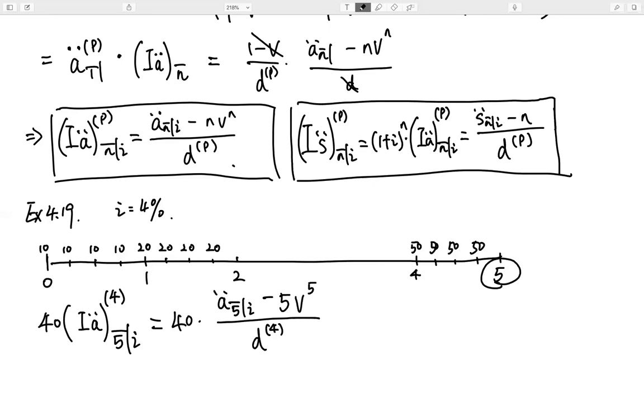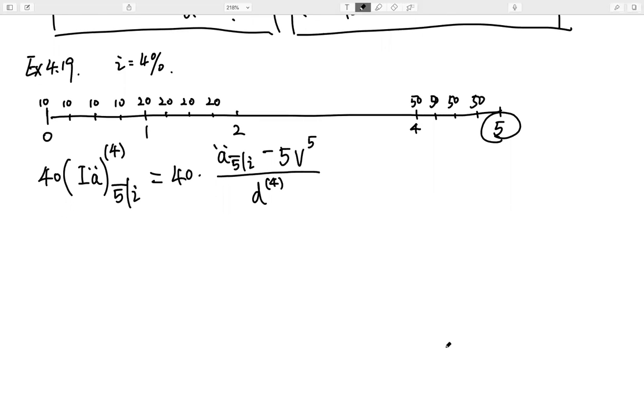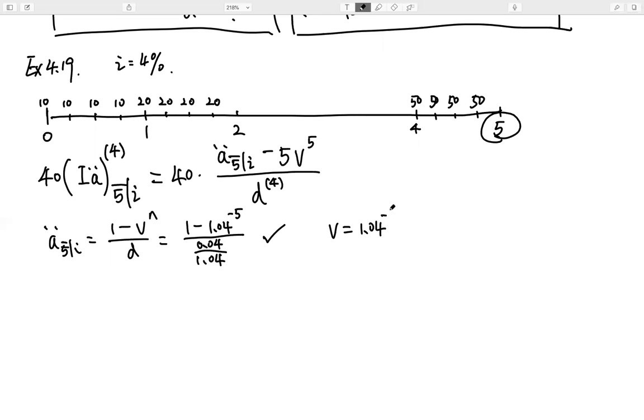Okay, this annuity due, you can actually use your calculator, but of course we can easily compute. This is simply 1 divided by D because again this is a level annuity due, so it's 1 minus 1.04 to negative 5, over I divided by 1 plus I. So complete this result. We already know the first thing, right?